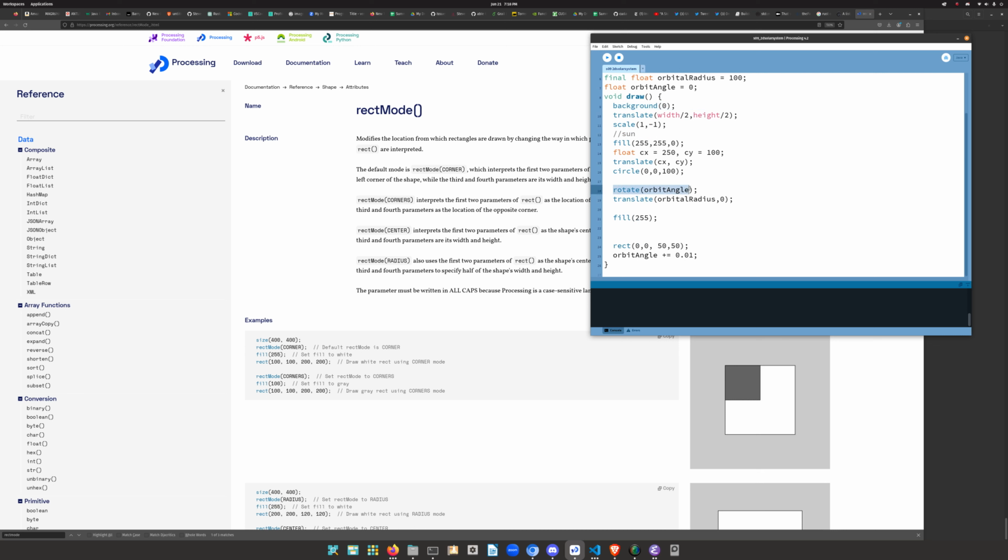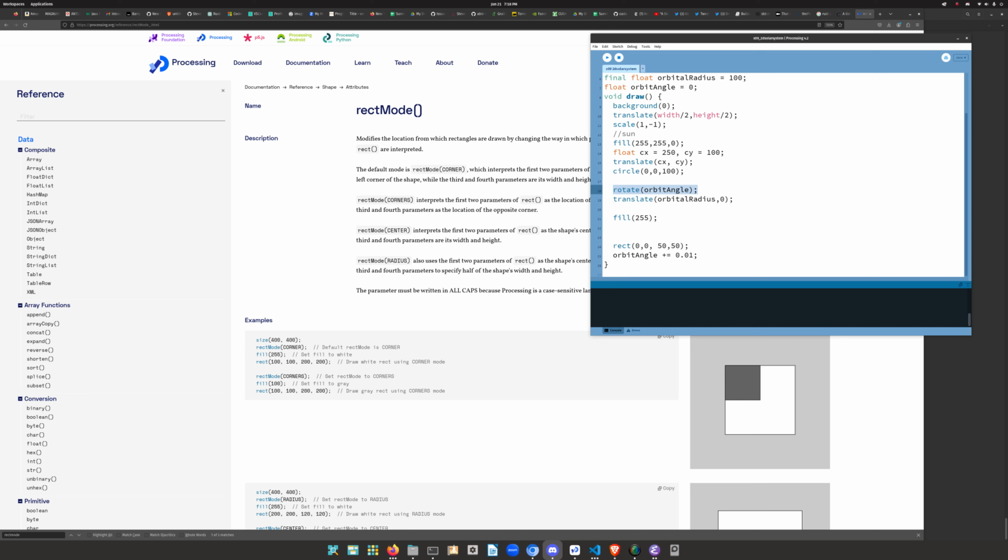Okay, so we rotate the orbit angle so that, oh, let me turn on my video so you can see, I can gesture at you. Hello everybody. So here's the sun, right? Here's my planet. In order to draw the planet in a new place, I rotate my frame of reference.